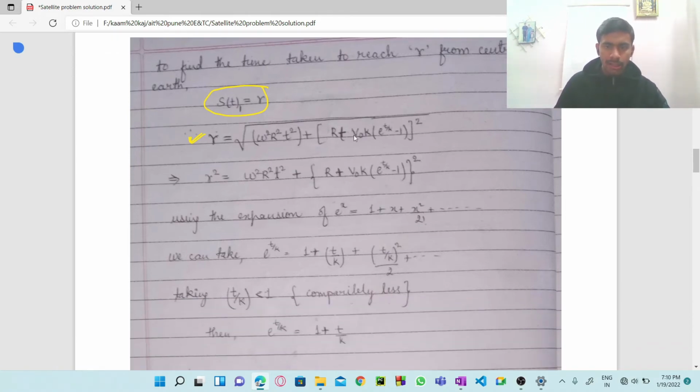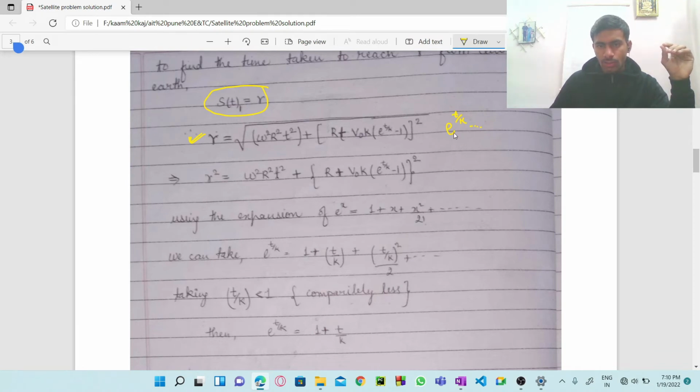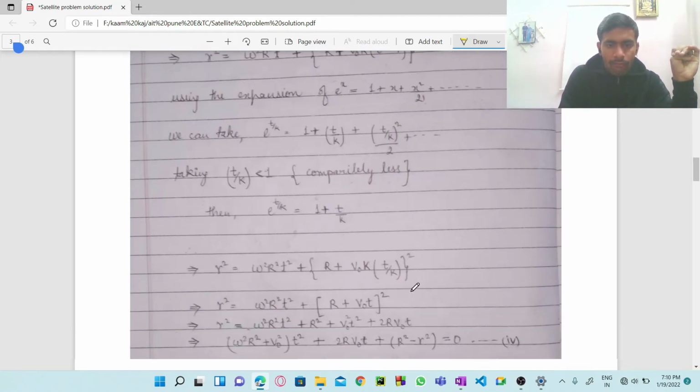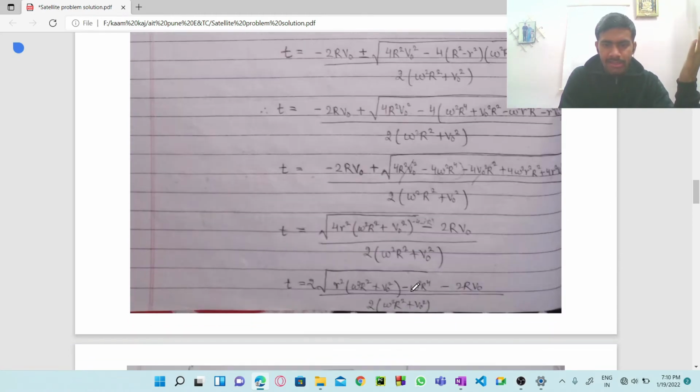Here I am using the expansion of e raised to t by k because I want my equation in a simplified version, and considering that the e raised to t by k factor is considerably small but not that much, we can come to the equation of time equal to this much by doing simple mathematics.